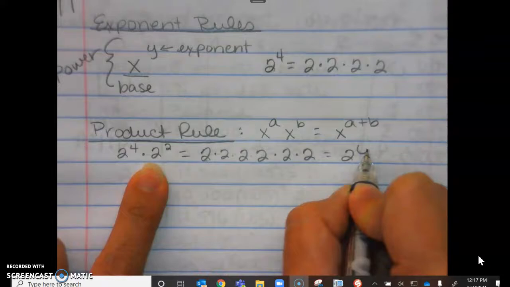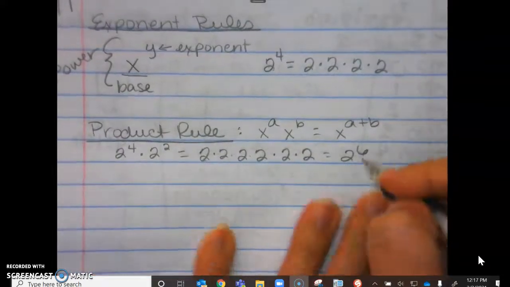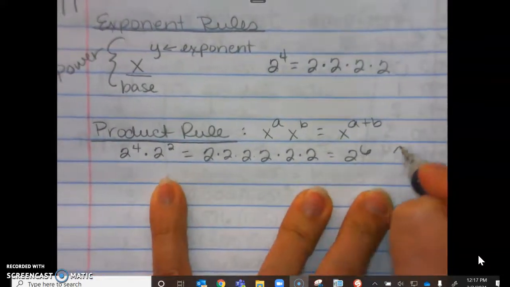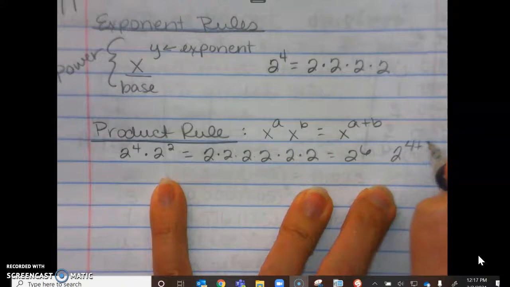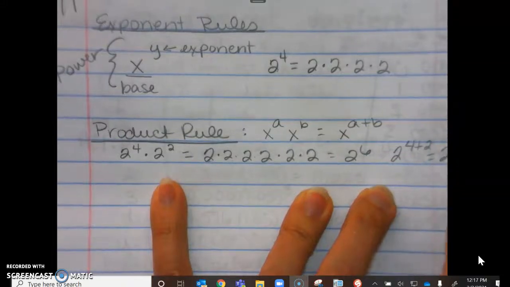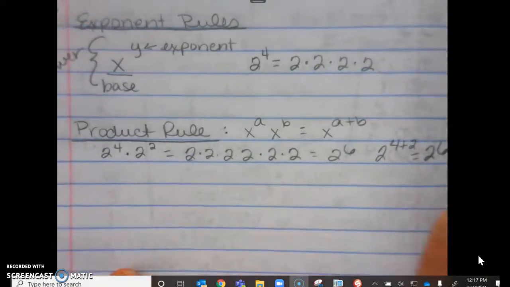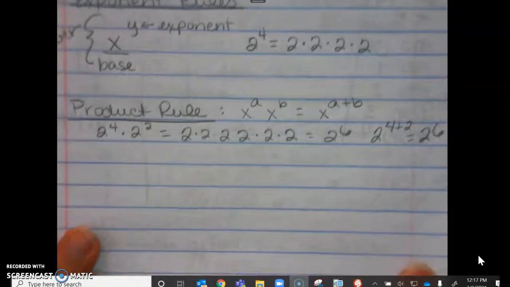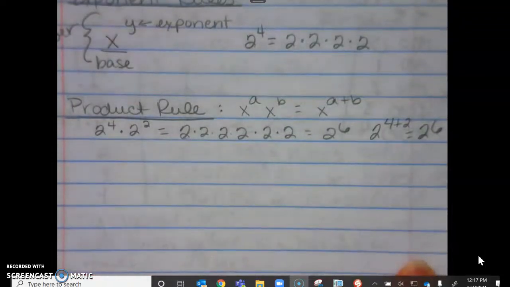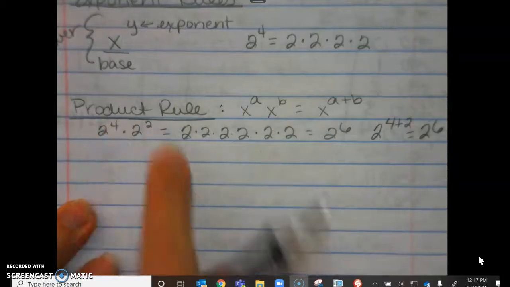This would be 2 to the 6th power. Well, the shortcut, if we are applying this rule, is to say 2 to the 4 plus 2 is 2 to the 6th. Okay, so that is why the rule works, because we're just multiplying that same number this many times.